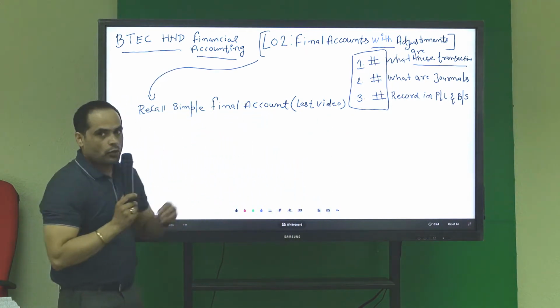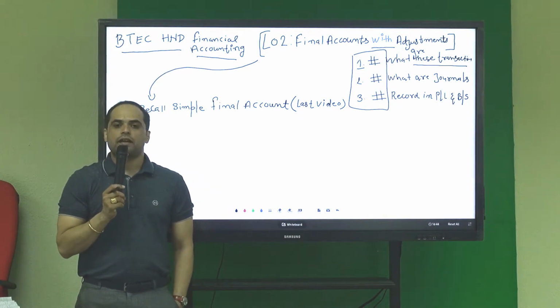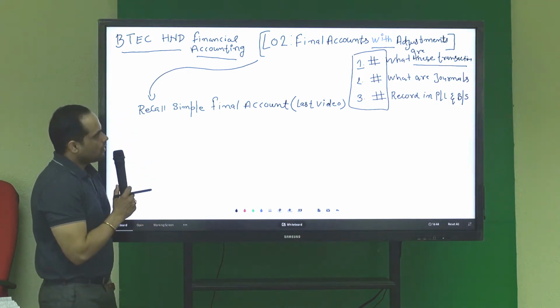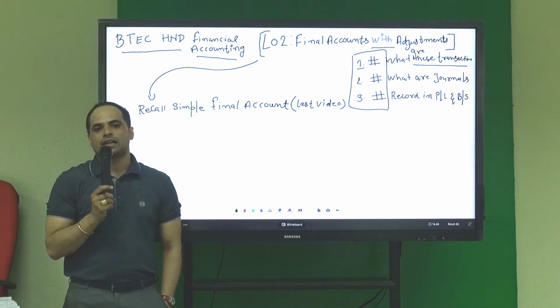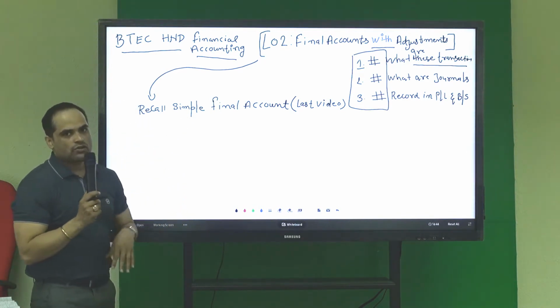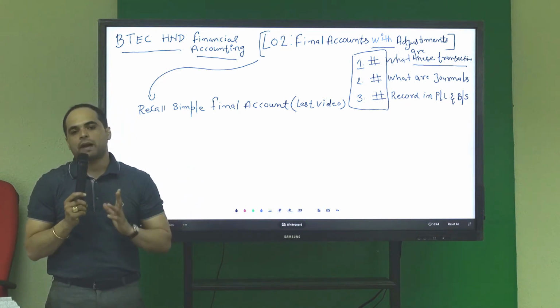Let's take a quick glance over the previous video that we studied. In the previous video, we learned about what final accounts are, but it's a simple final account. It's a combination of profit and loss and the balance sheet.